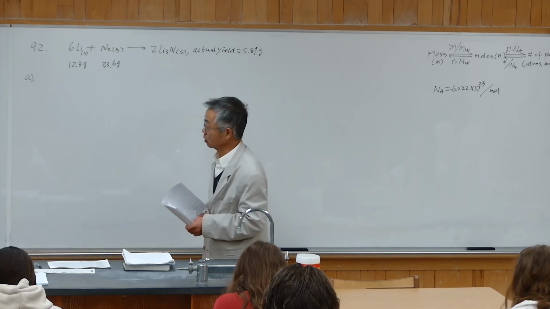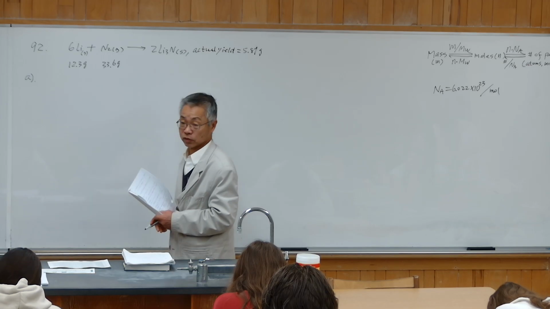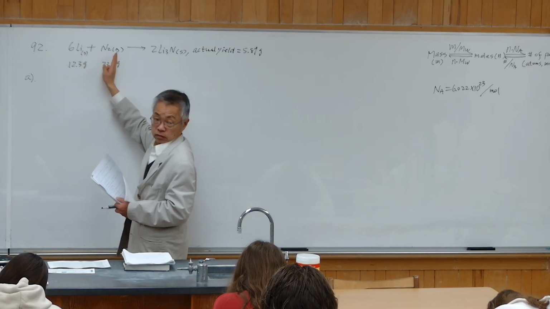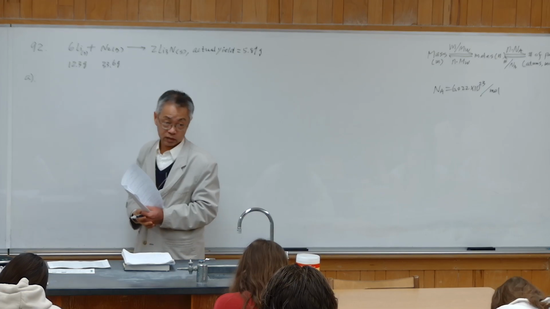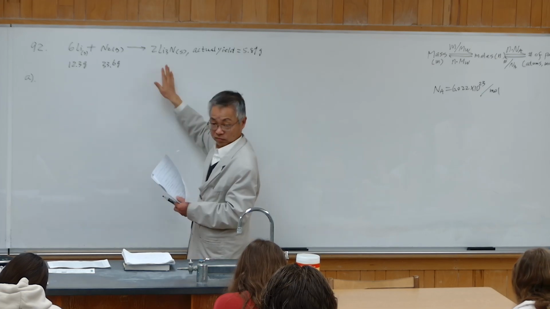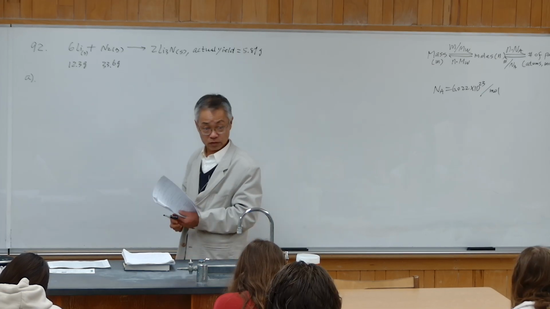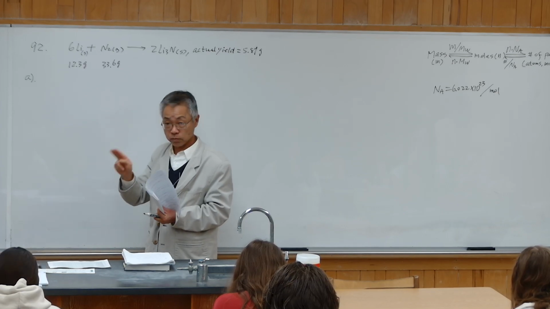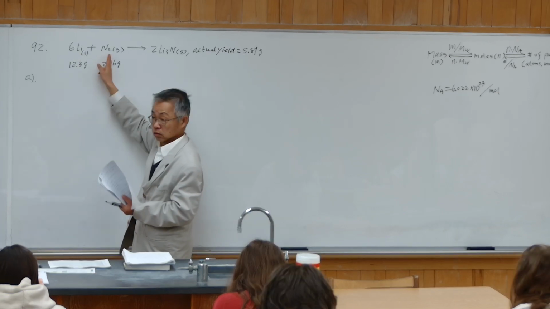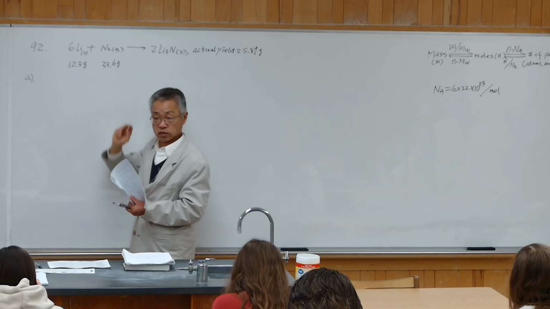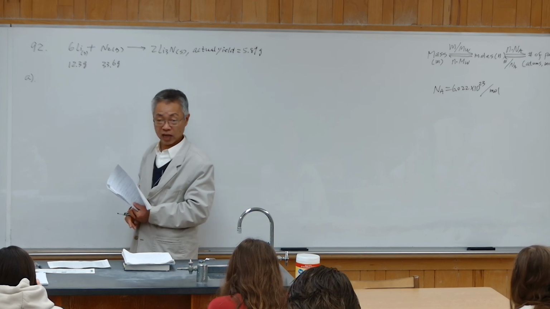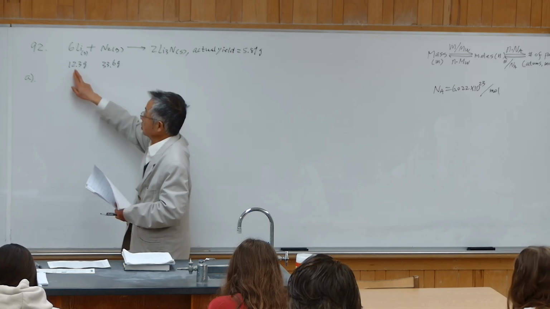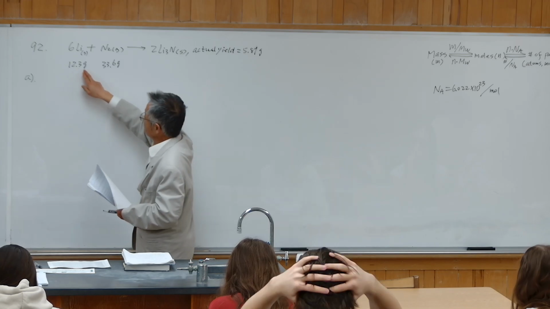So we need to answer first which one is a limiting reagent. Whenever they ask you which one is a limiting reagent, the answer is always either this or this. It cannot be product.